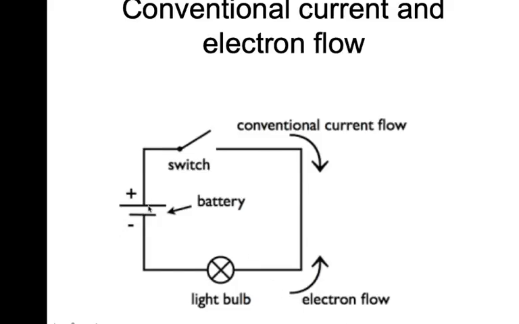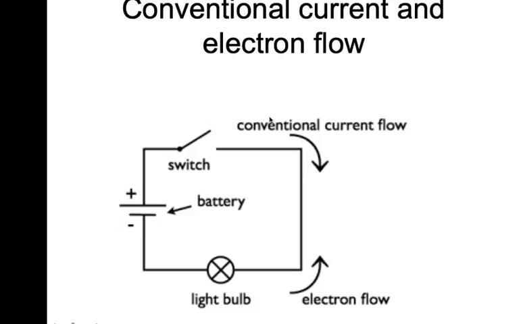But people like to hold on to tradition, so they often will still talk about conventional current and this really backwards way of thinking of positive charges moving through, where in fact we actually only have electrons, negatively charged particles, moving through.